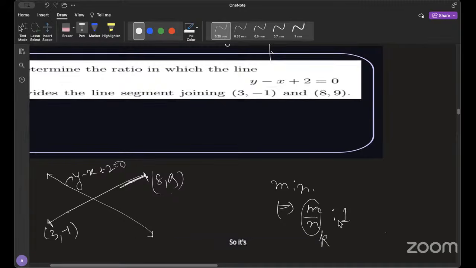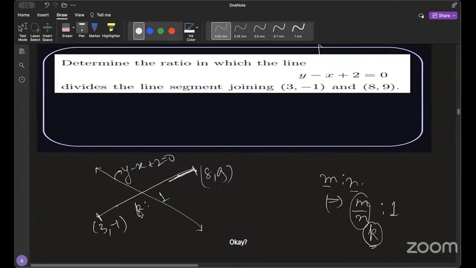Instead of trying to find two values m and n, it's better to find only one value. So instead of m is to n ratio, we write it as k is to 1 ratio. This is k parts, this is just one part, and then we'll find what k is.